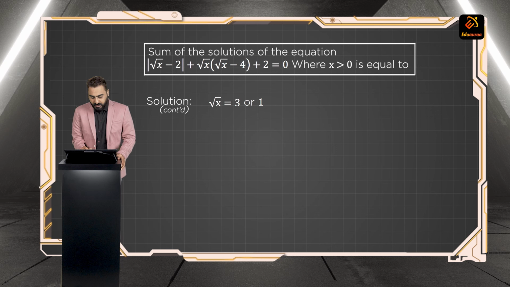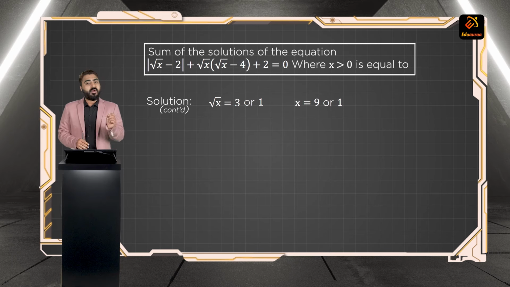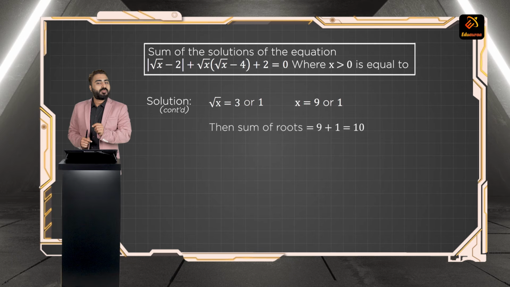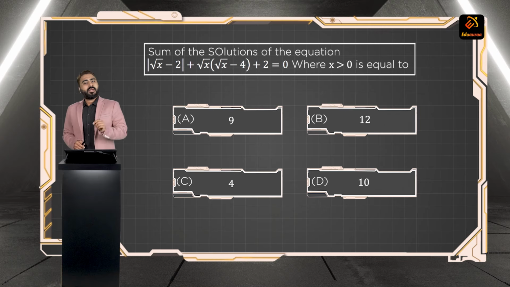It will be nothing but 9 or 1. So students, if x is 9 or 1, what is the sum of these roots? The sum of these roots is nothing but 9 plus 1, which is 10. So students, if 10 is the answer, what is the correct option? The correct option is none other than option D. And this is how we solve our sum.